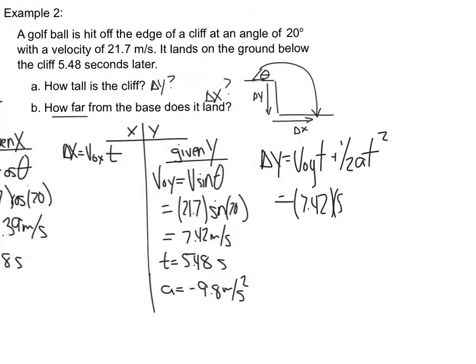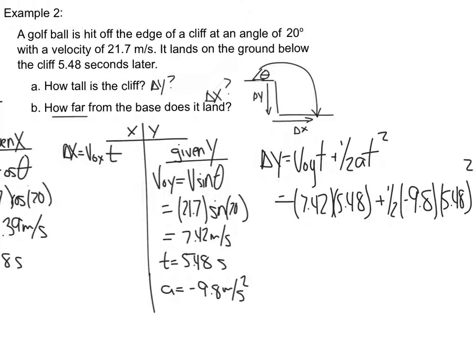7.42 times 5.48 plus 1/2 times negative 9.8 times 5.48 squared. Now, again, at this point, the positives and the negatives are really important. That negative 9.8 is going to ensure that we get a final answer that is negative, because the golf ball is moving a negative distance, a distance in the negative direction downwards.